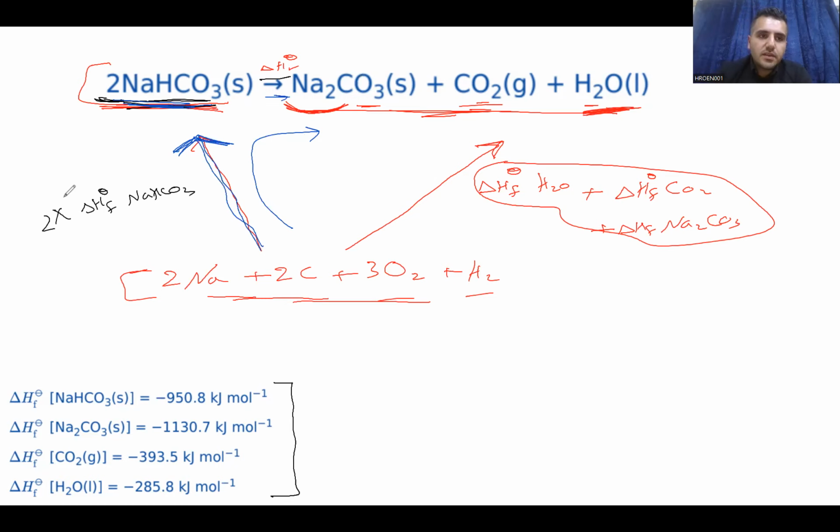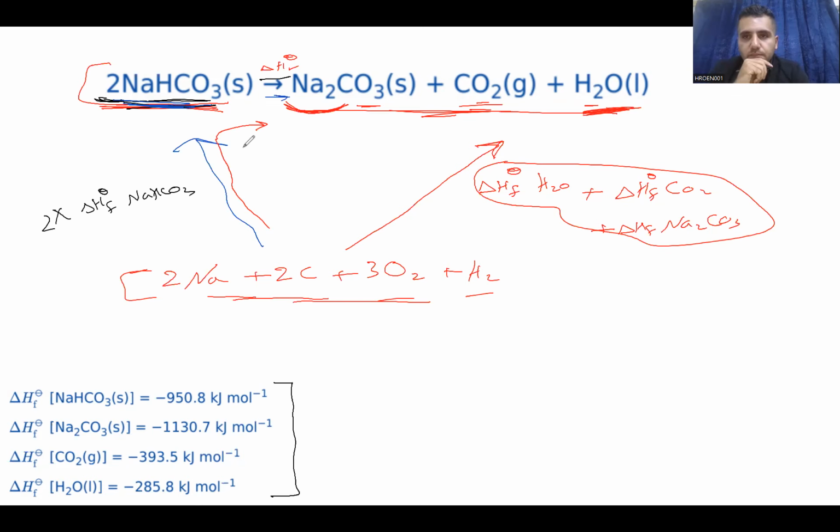So as you see here, let me repeat. As you see here, the elements go to the reactants, and reactants go to the product. 2 arrows go in the same direction.